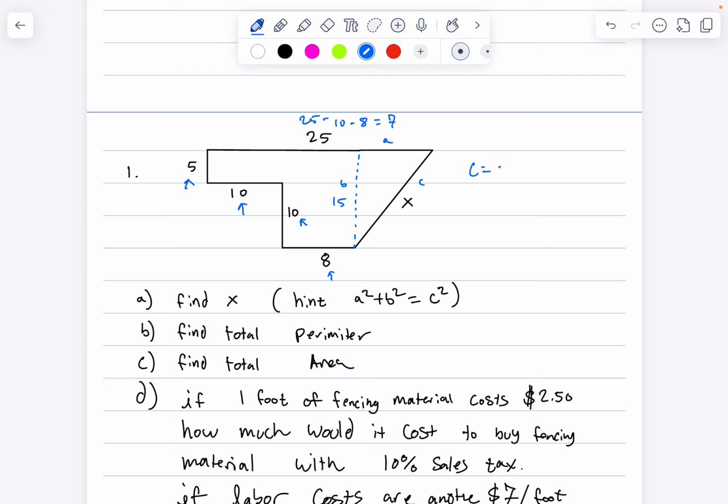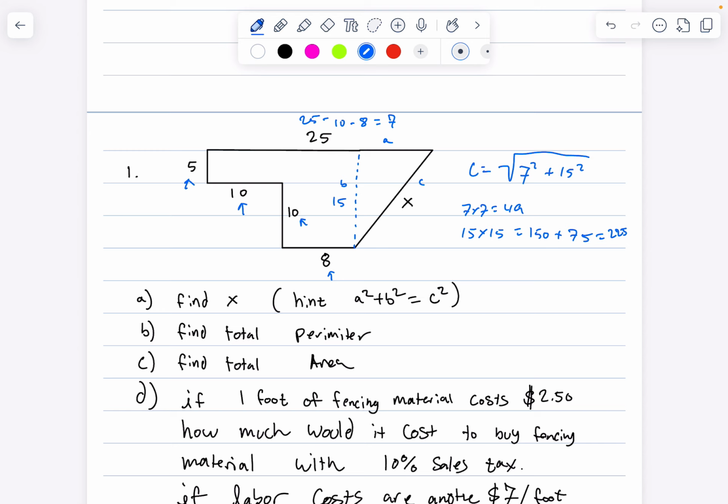So c is equal to the square root of 7 squared plus 15 squared. So 7 times 7 is 49. 15 times 15 is 150 plus 75, which is 225.